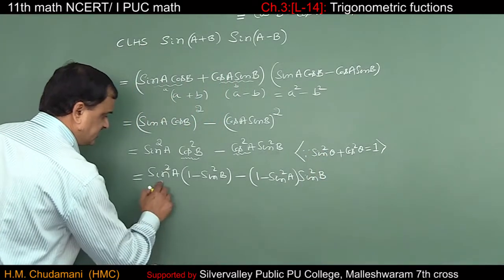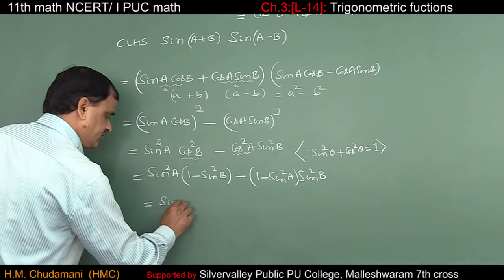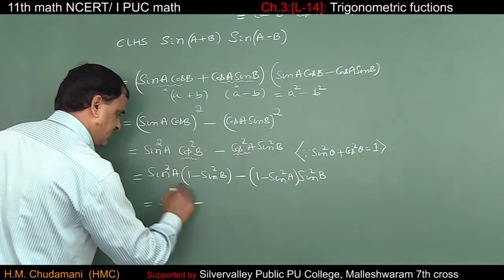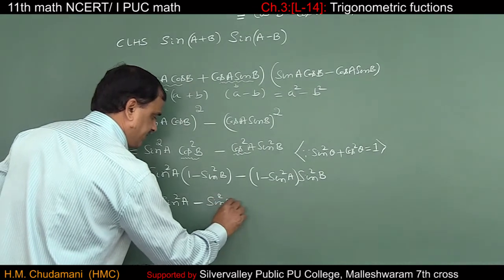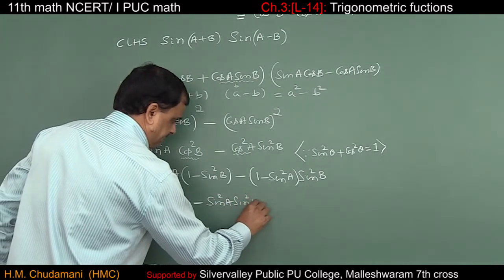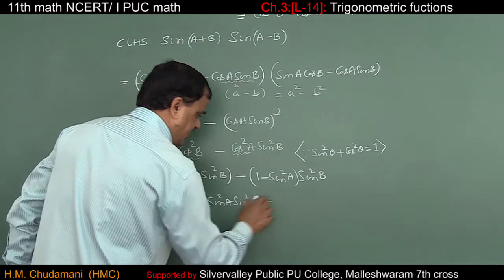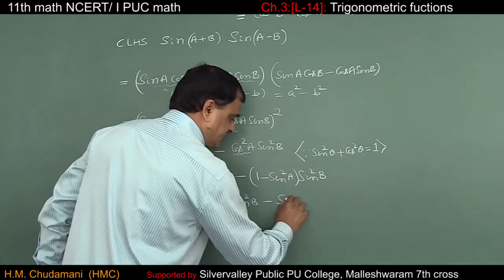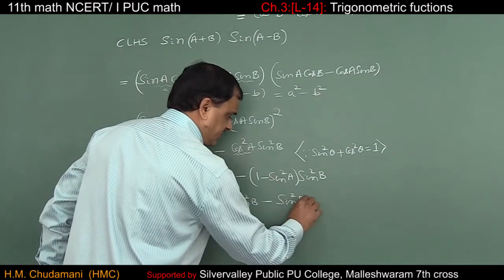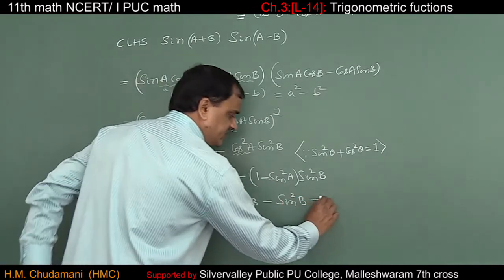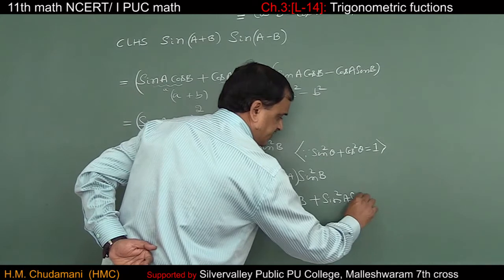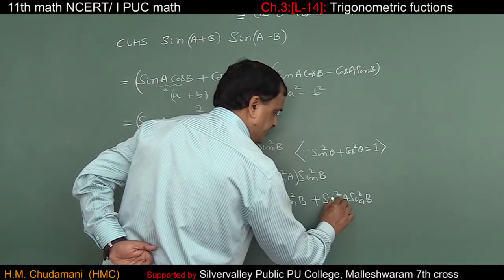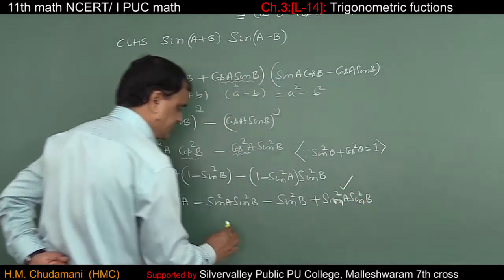multiply sin²A into 1, sin²A, minus sin²A into sin²B, minus 1 into sin²B means sin²B, minus into minus plus sin²A into sin²B.